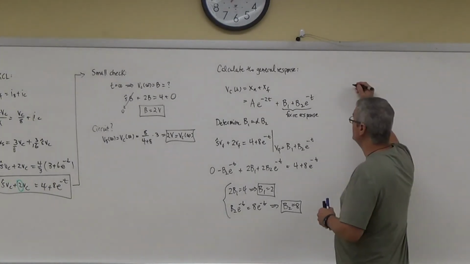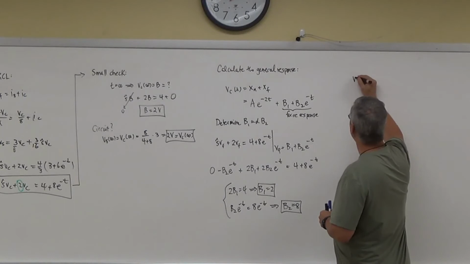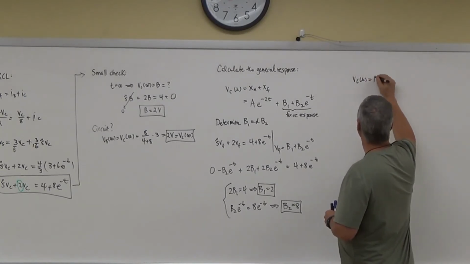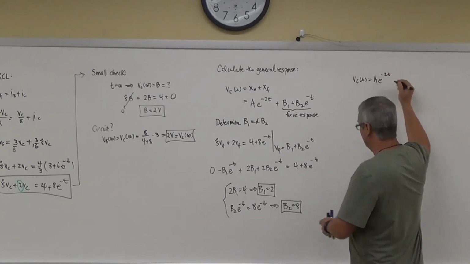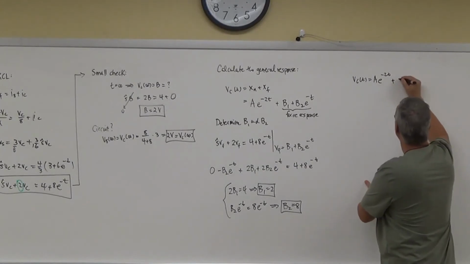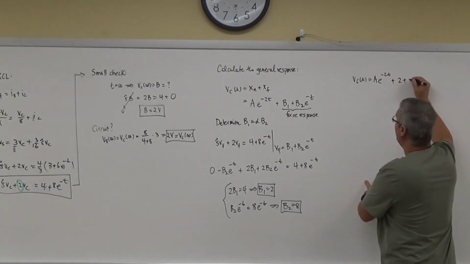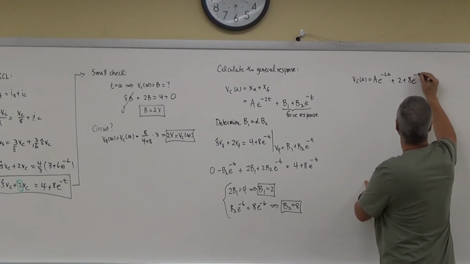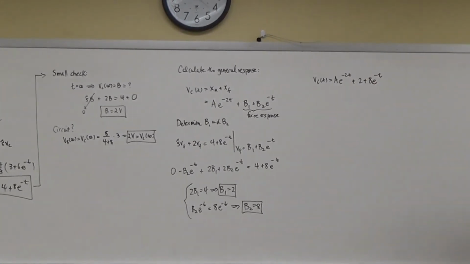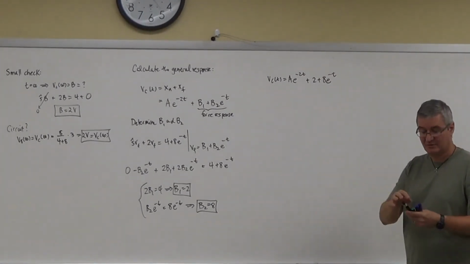So if I look at the general response, now I got VC of t gives me A e to the minus 2t. I plug in these, so I get 2 plus 8 e to the minus t. So you can see I only have one thing left. What do I got to do?